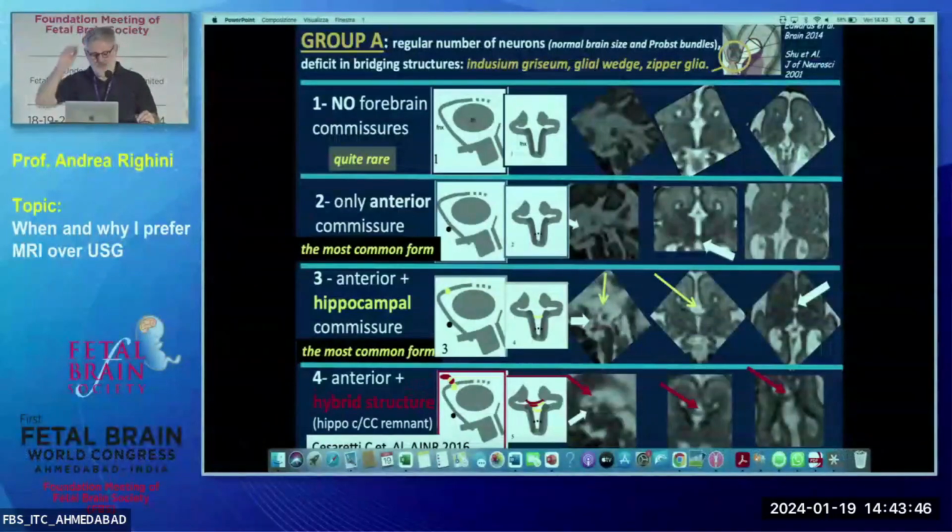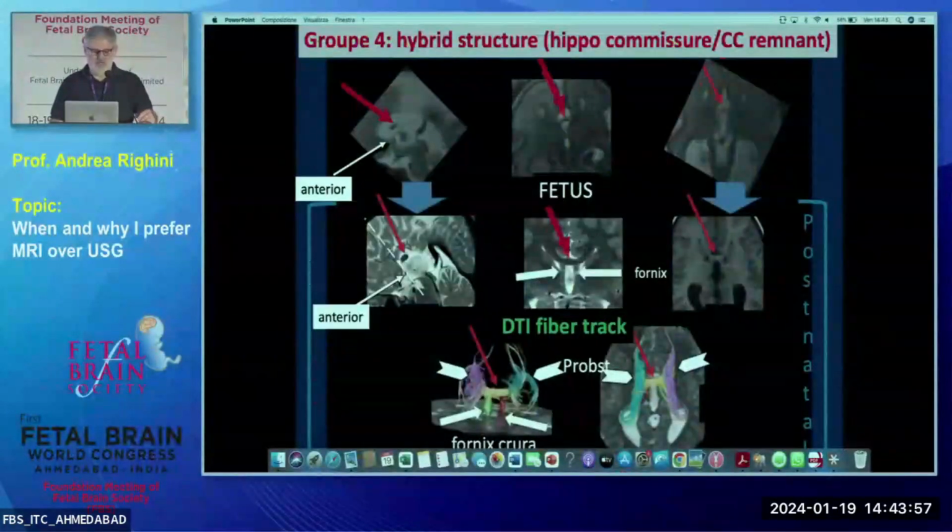And in fact, in the fourth group, which was already mentioned in the morning, we have a sort of hybrid structure that we call a dot. This dot is made of two components, like in this exploded example here.